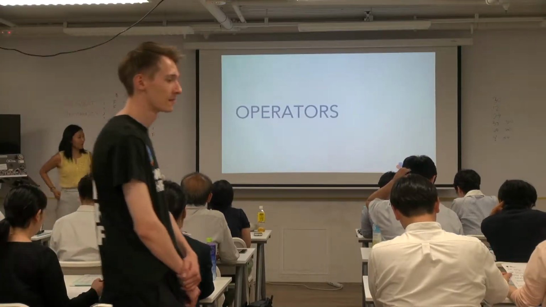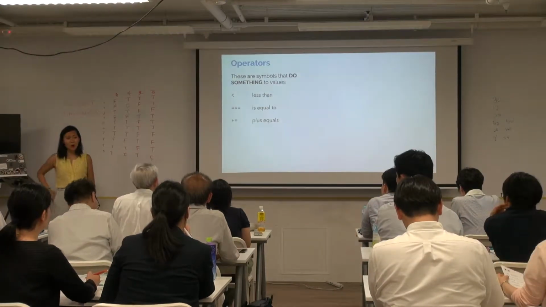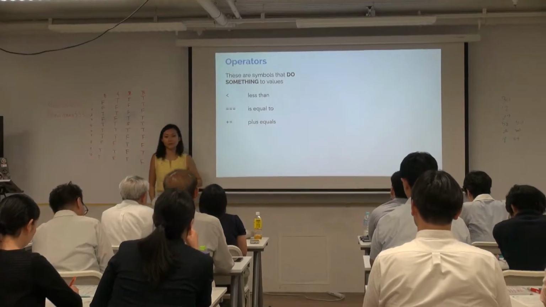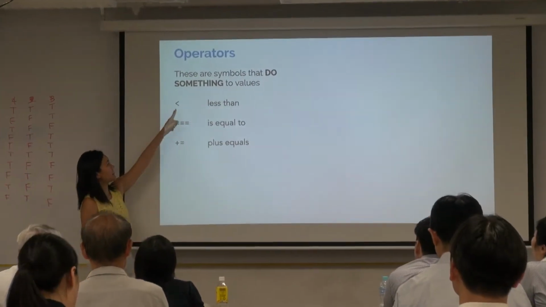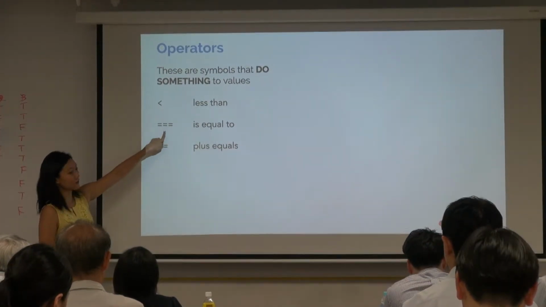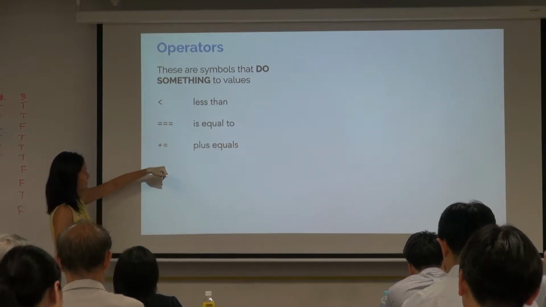So another part of code is called operators. Operators are symbols that do something to values or tell us something about the values. So we have less than as an example. Sometimes there's 3 equal signs, and that can be something is equal to something else.